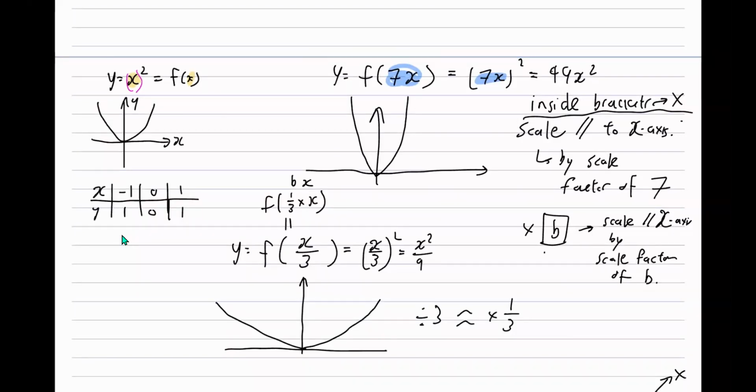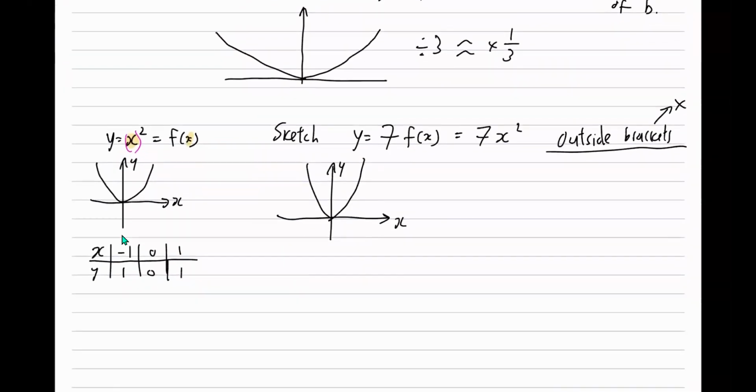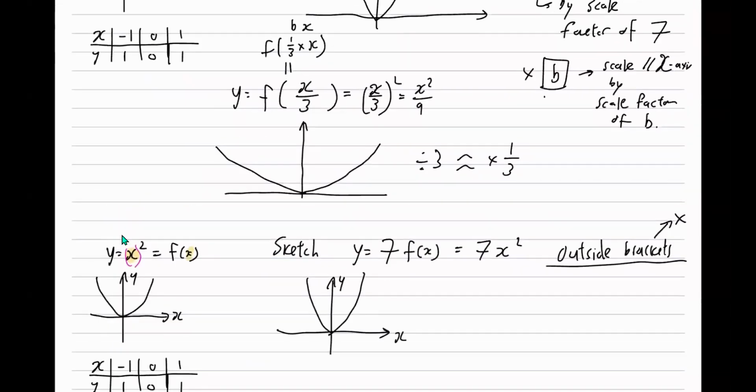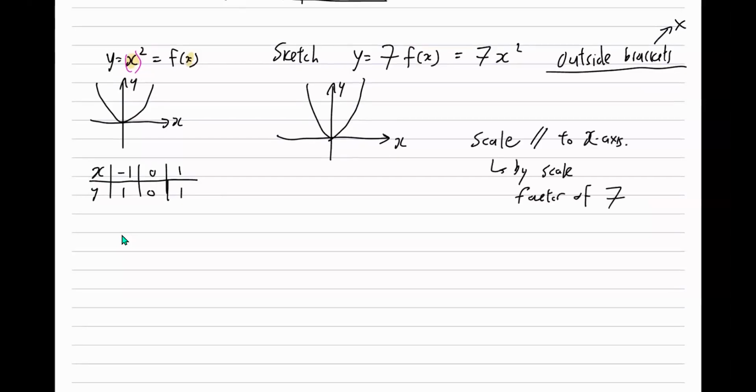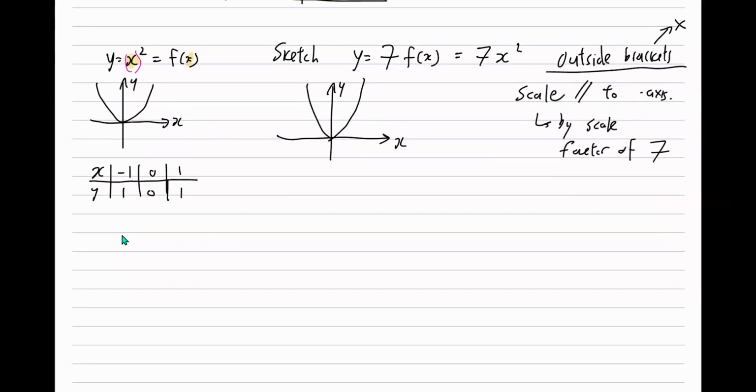Still parallel to the x-axis. For the other one, it will be parallel to the y-axis. You just describe it as the same thing: you scale parallel to the y-axis this time, but with a factor of 7. Basically all the y values times 7.